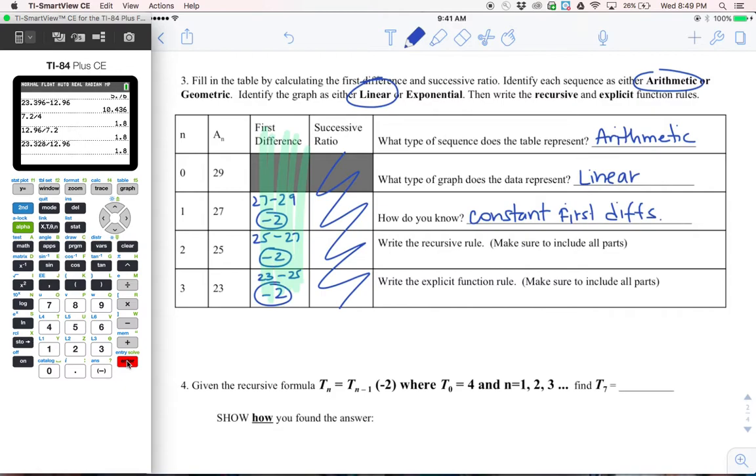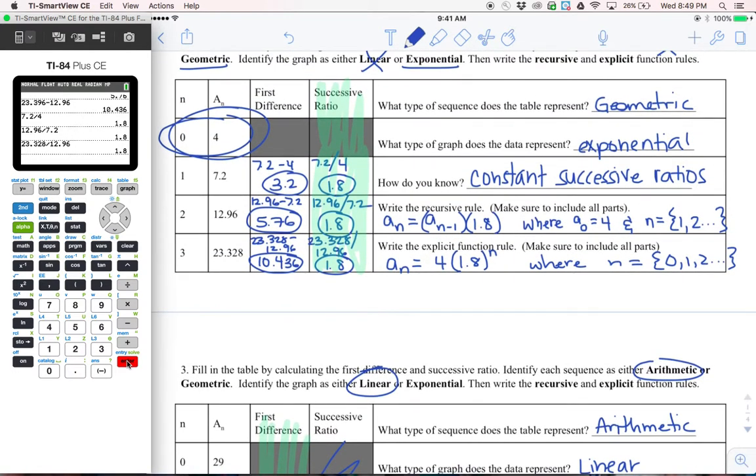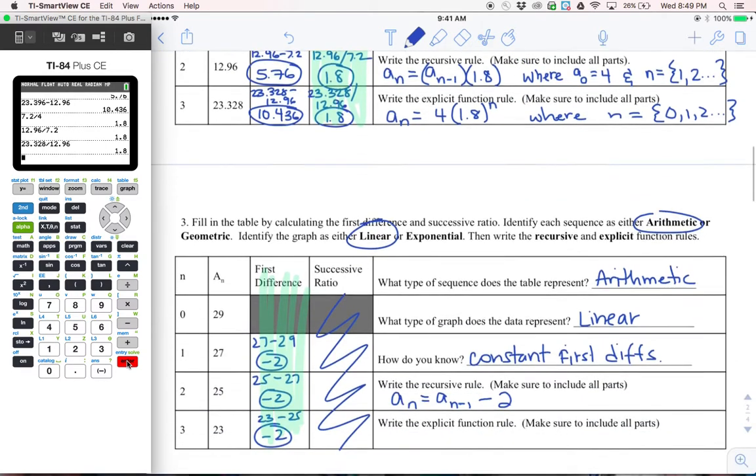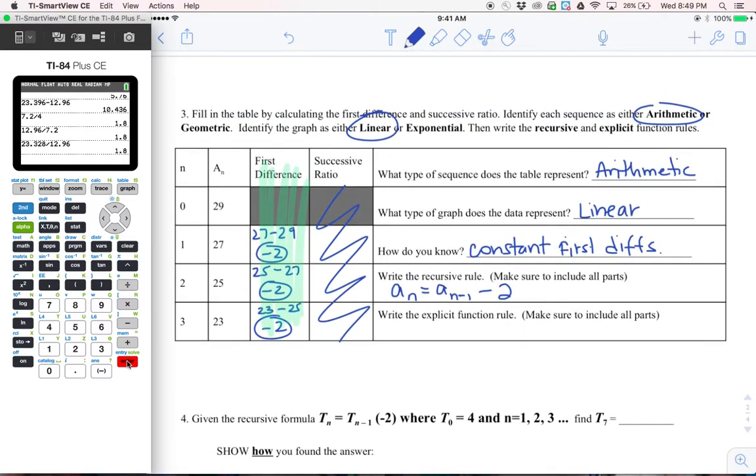Write the recursive rule. So just like the previous example, I'm going to say a sub n is equal to a sub n minus 1. Again, this means the term we're on is equal to the previous term. And then how did I get from one term to the next? How do I get from 29 to 27 to 25? What am I doing each of those times? I'm subtracting 2. The last one we did multiplying because it was exponential. Now we're just going to do minus 2 because it's linear.